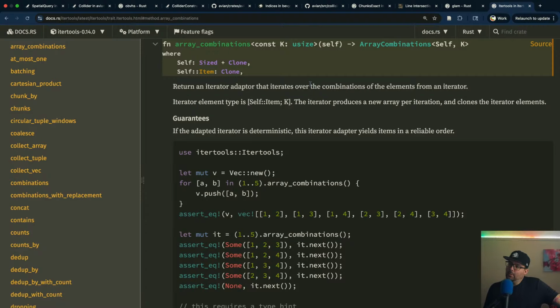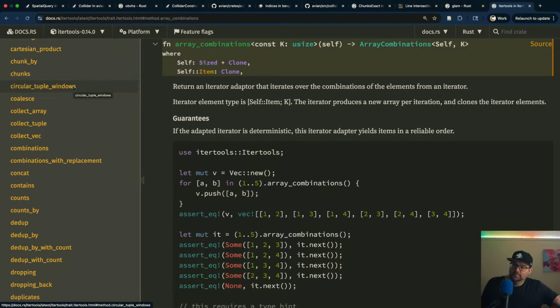Combinations of elements is not what we want. Cartesian product is not what we want, because we don't want interior triangles anyway.